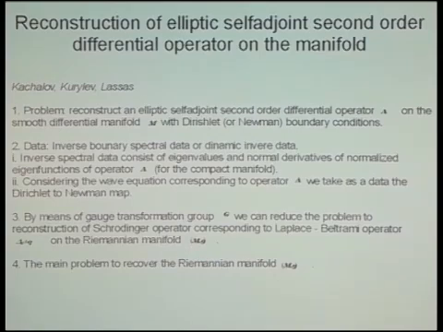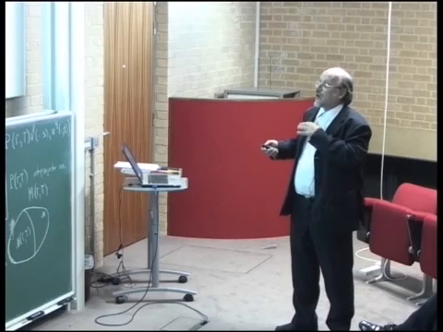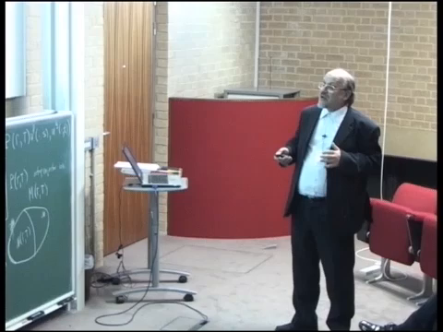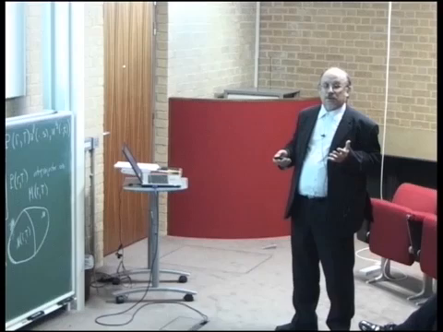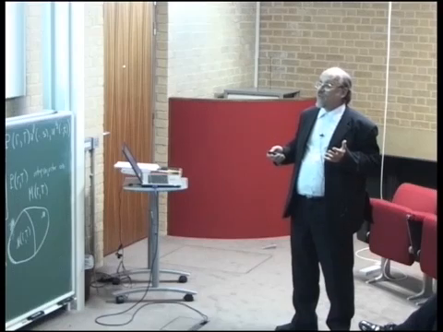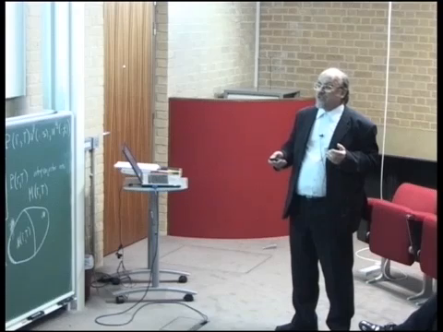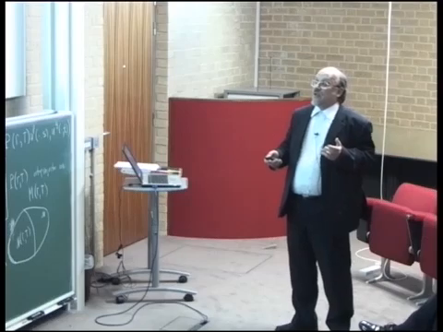So the first step is to reduce reconstruction of some physical parameters of a second order differential operator to the reconstruction of a Schrödinger operator. If we look at this Beltrami-Laplace operator, what we have to reconstruct, in fact, is the manifold, the metric matrix, and the potential.